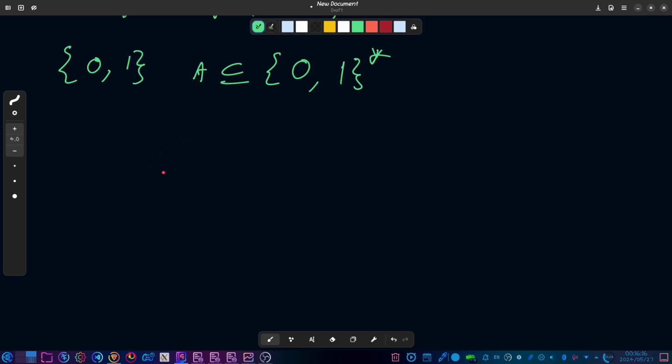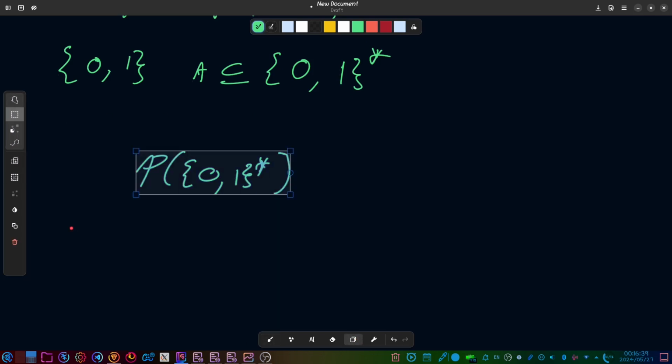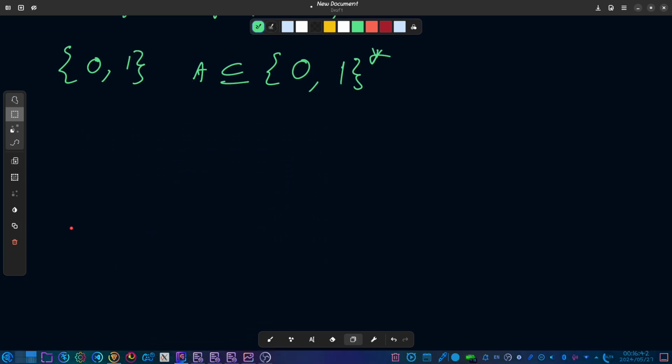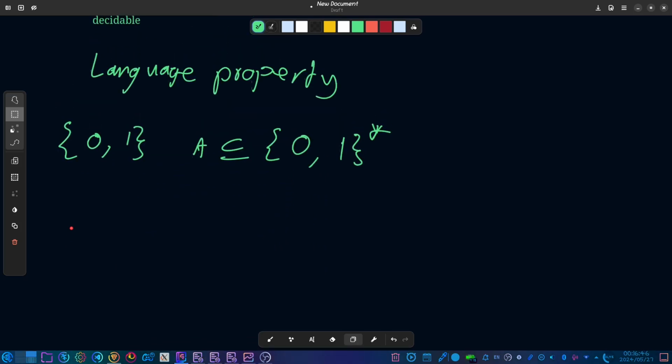If we're just considering some finite alphabet, the set of all languages would be the power set of this. And this is countable, this is obviously uncountable, right? So yeah, the set of all countable languages is not countable.